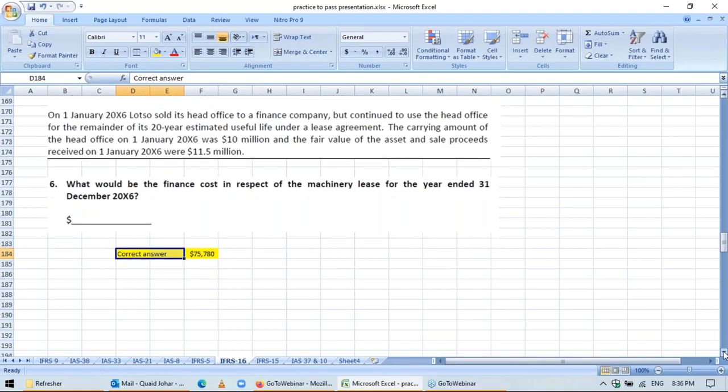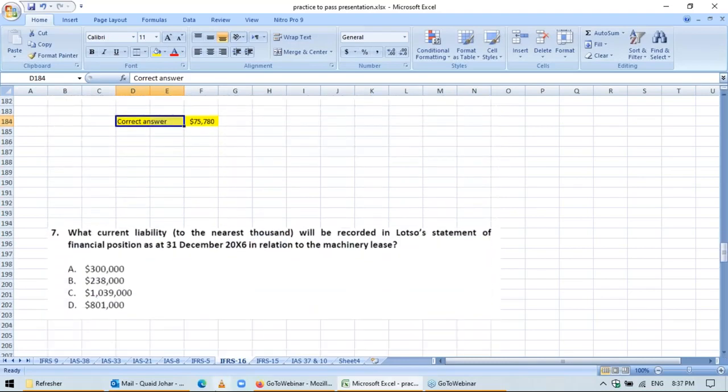Then question 7. The answer is B. If you are not able to reach the correct answer, you can ask me on the WhatsApp group as well, right? So you're welcome to the WhatsApp group to ask if your answers do not match with these.